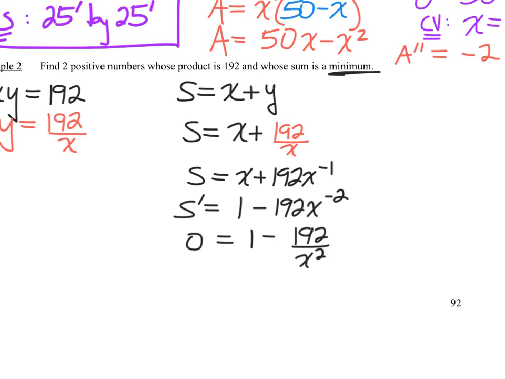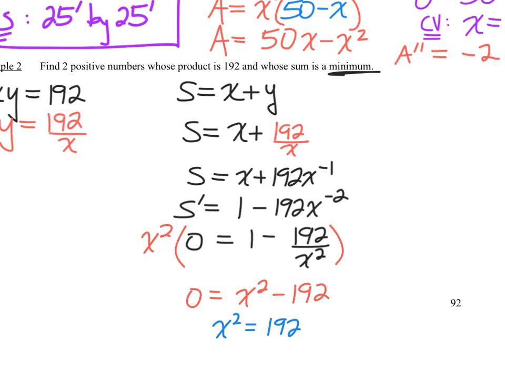Clean it up. I'm going to multiply everything by x squared. So 0 equals x squared minus 192, which would make x squared equal 192. And so I'll say x is equal to the root of 192.